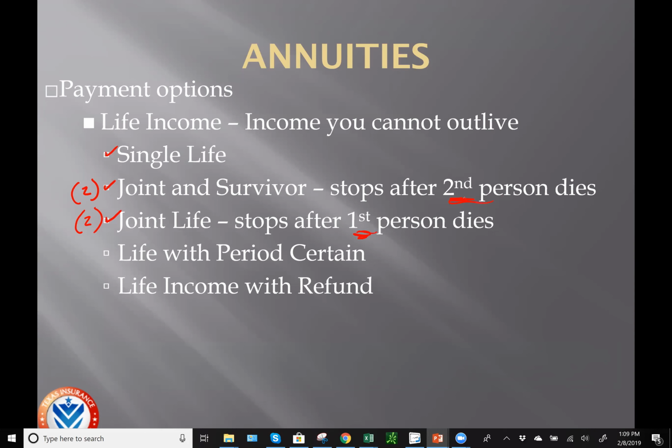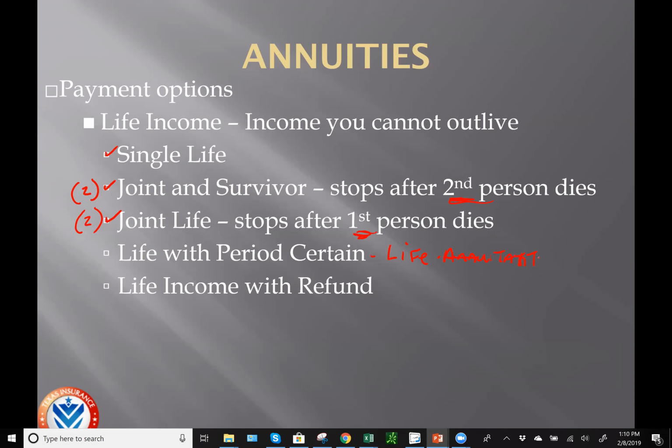So this terminology, joint life and joint survivor, is going to come in handy 2 more times, and it works the same way each time. A couple of other payout options on your annuities. It might be a life with period certain payout. That would be a life income for the annuitant.